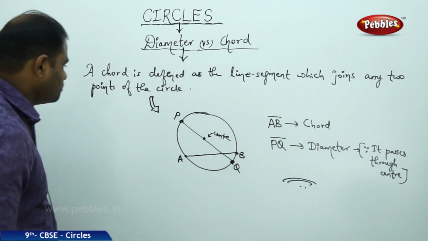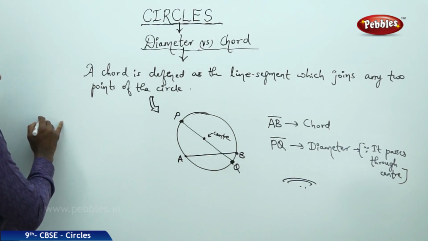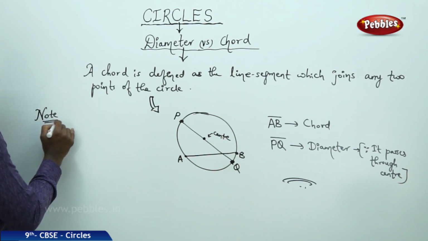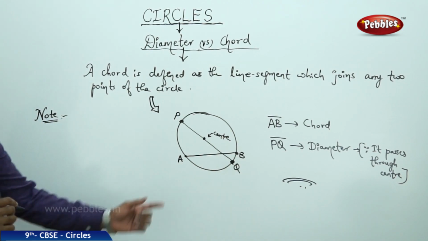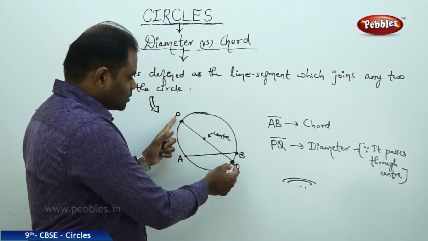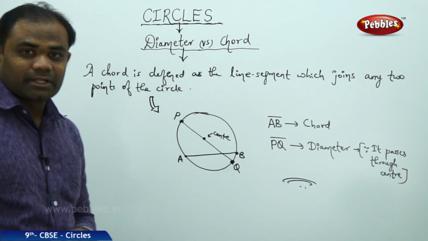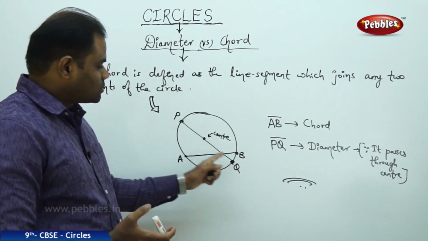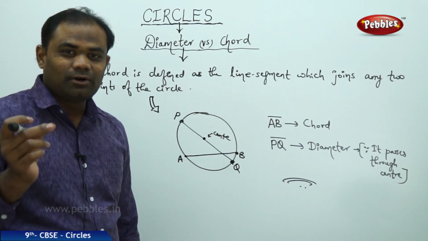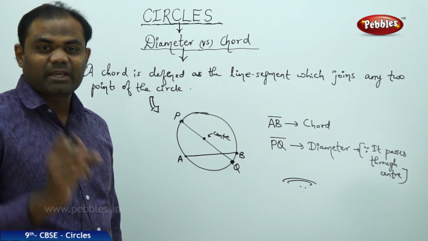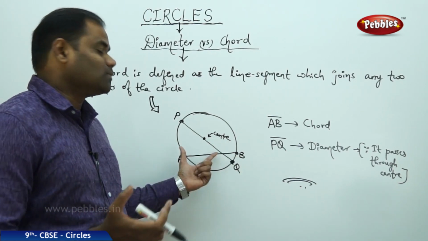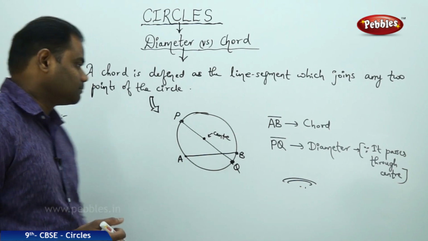And importantly, we have to understand that if I take the length of this chord and the length of this chord, we clearly understand that the diameter, which is also a chord, will be the maximum length. So the length of the diameter will be maximum, it is the highest chord in the circle.